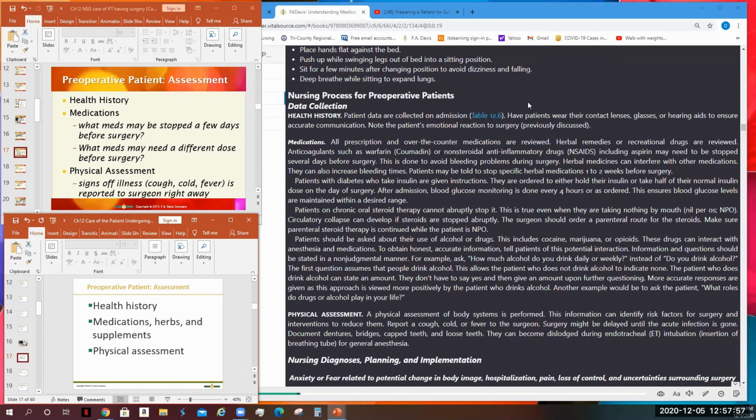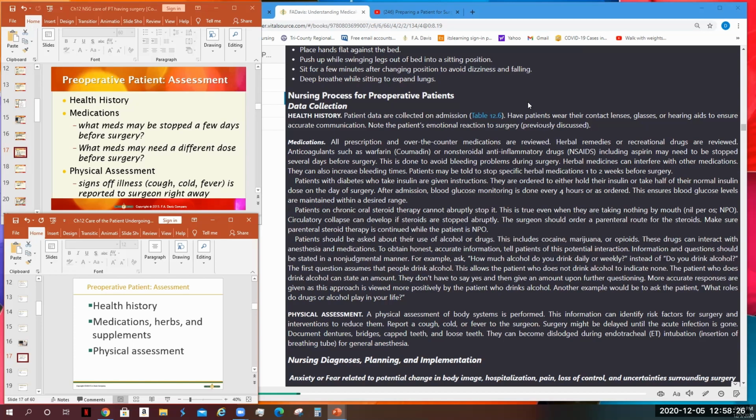Medications. All prescription and over-the-counter medications are reviewed. Herbal remedies or recreational drugs are reviewed. Anticoagulants such as warfarin or Coumadin, or non-steroidal anti-inflammatory drugs, NSAIDs, including aspirin, may need to be stopped several days before surgery.